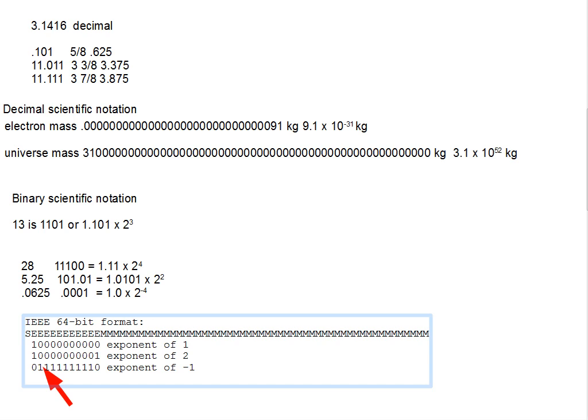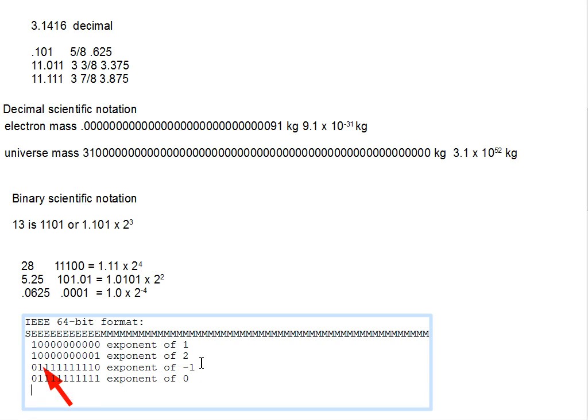Question 3. What are the exponent bits for the exponent values 0, minus 8, and 42? The answer there? Well, the 0 would be exactly 1023, or a 0 in all ones. The minus 8 is 1023 less 8, or 1015, which turns out to be this value here.